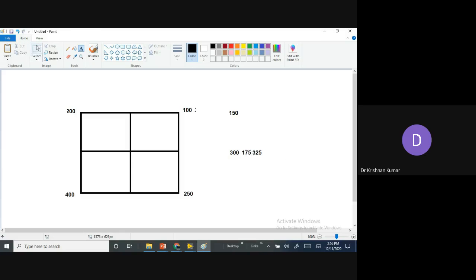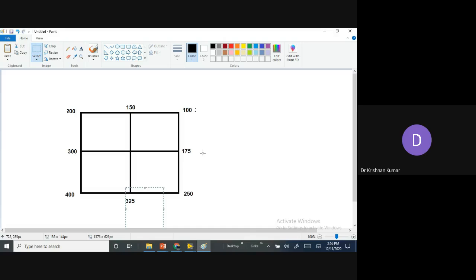Okay. Now the coding is to be done like that. Okay, what is the center between here and here? This is 300, 175.